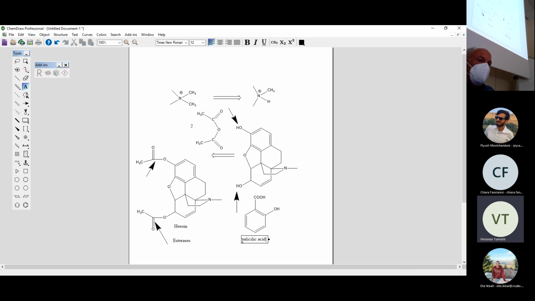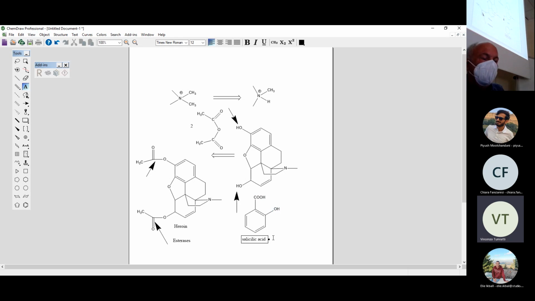This compound has an anti-inflammatory activity, but it is able to give this therapeutic activity only on the skin. It is not able to cross the membrane because it is too polar. There is an acidic function with a phenolic function.